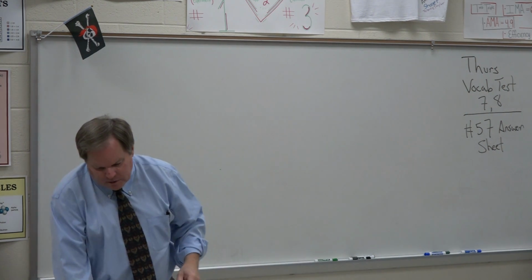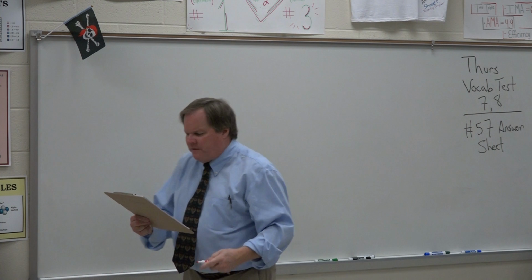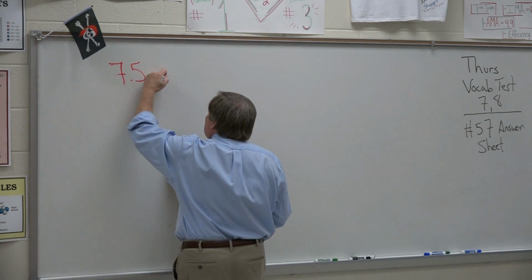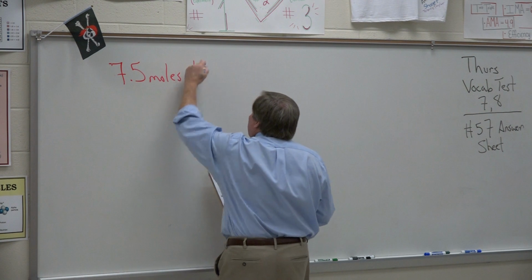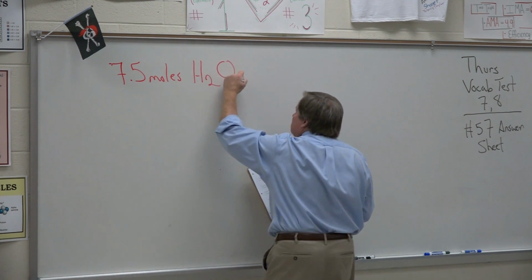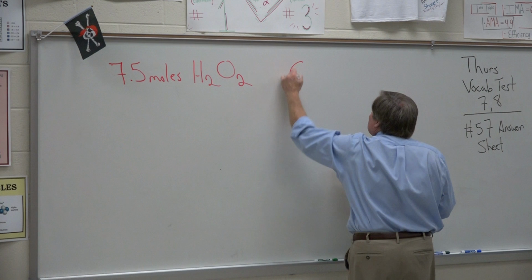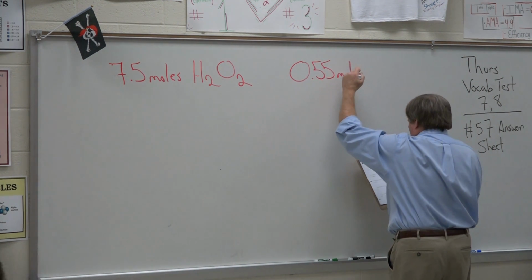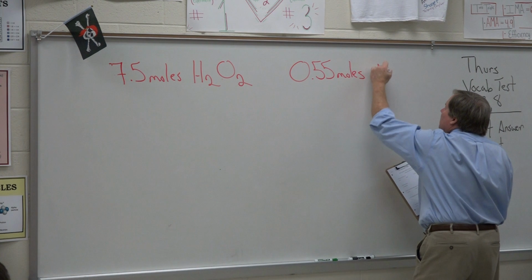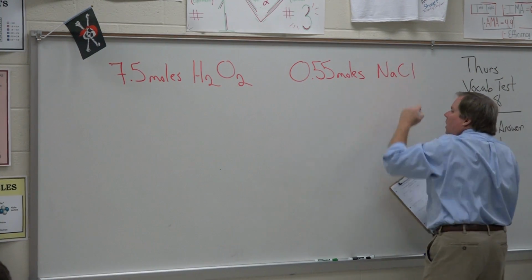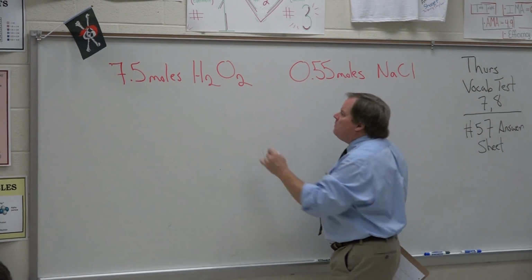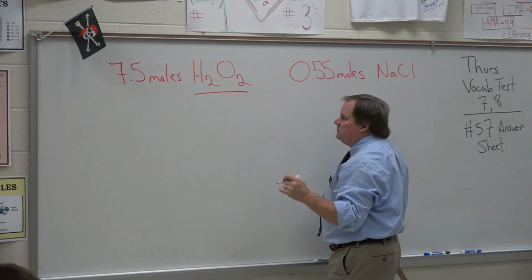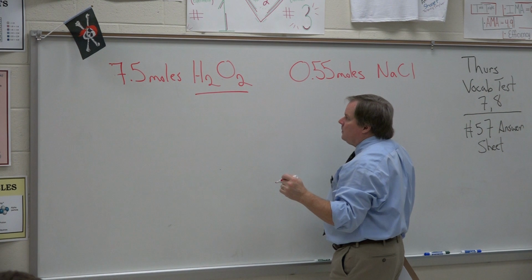All right, number 2, the mass of: we've got 7.5 moles of H2O2, and then we've got 0.55 moles of NaCl. What does 1 mole of H2O2, hydrogen peroxide, weigh? 34.